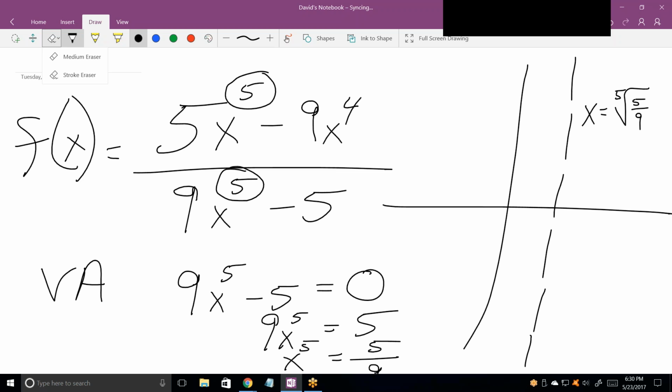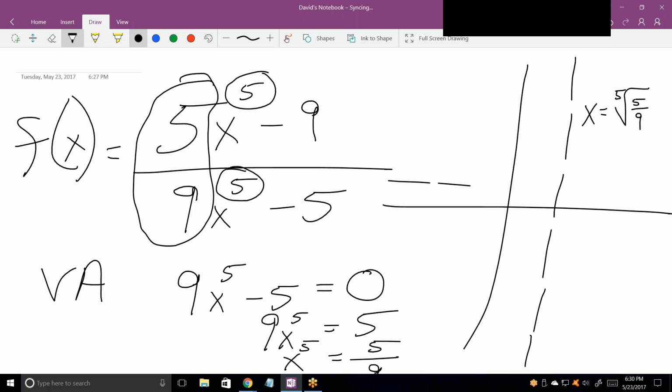It would not affect my horizontal asymptote. My horizontal asymptote is strictly based on the highest power of x in the numerator and denominator. If they are the same, like this, then my horizontal asymptote is the ratio of the coefficients. Y equals 5/9.